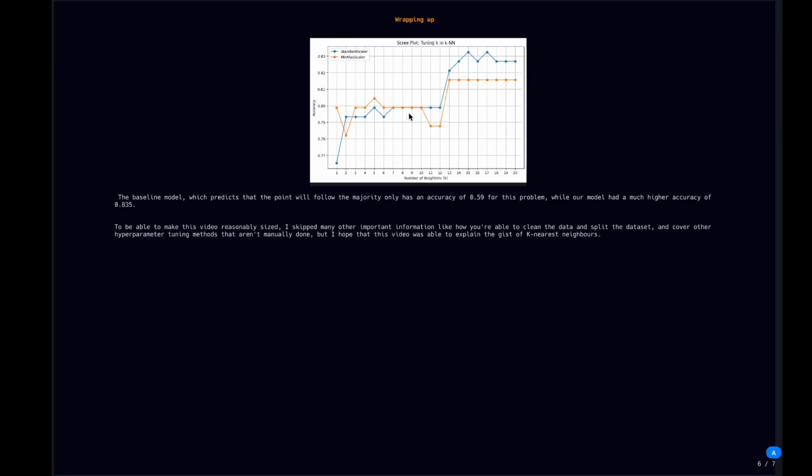And you can see that our highest accuracy reaches 0.835, which is a lot higher than the baseline, which takes the majority into account, which has an accuracy of 0.59. And our model, I'd say, is very successful, and even the bad hyperparameter of K equals 1 is still much better than the majority.